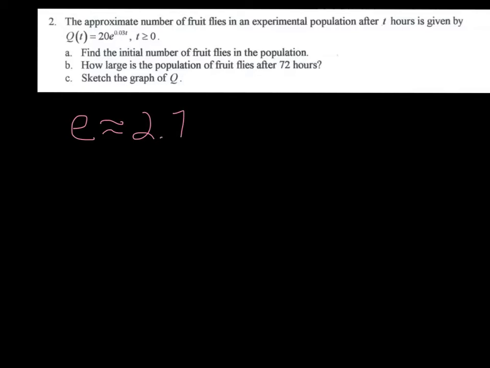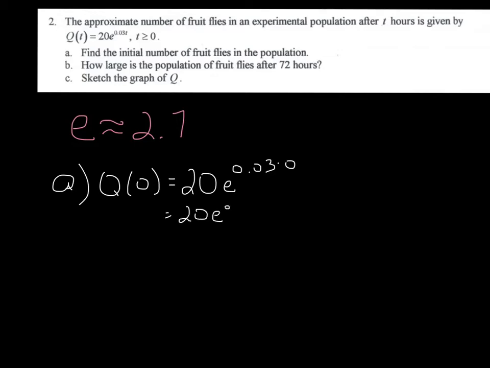So now let's find part A, the initial number of fruit flies in the population. The initial number of fruit flies we find by setting t equal to 0 because no time has passed. So let's see, that's 0.03 times 0. We know that 0.03 times 0 is just 0.